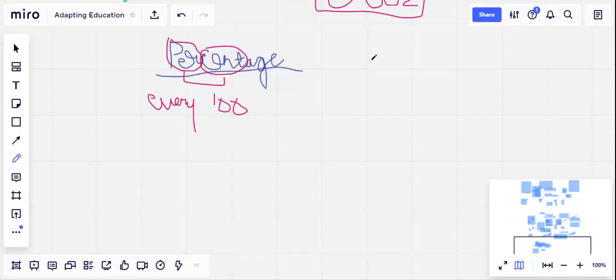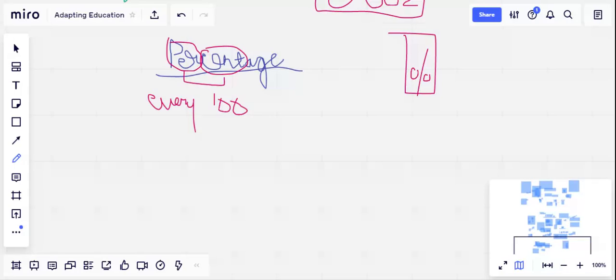It is denoted by the symbol percent. Where do we see this symbol? You must have seen it while shopping in the mall. If there is a discount, they tell 25% off. Percent is there. So every 100.